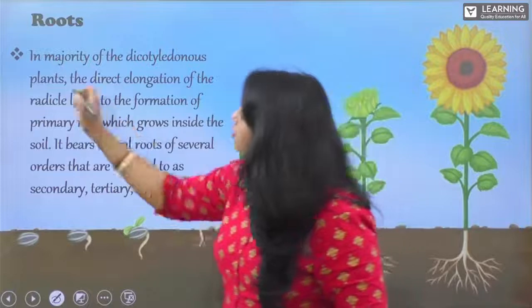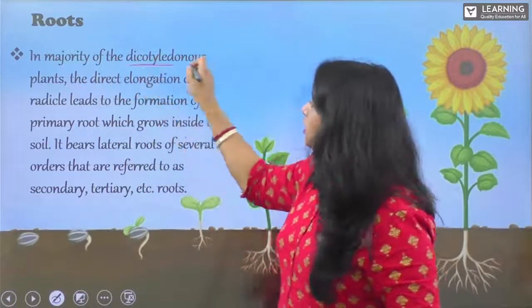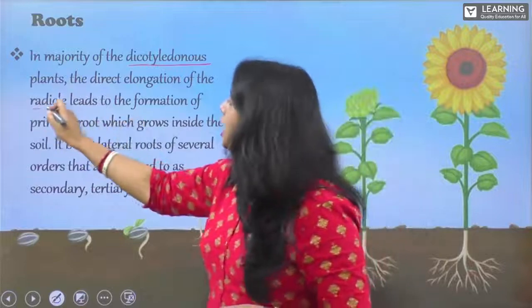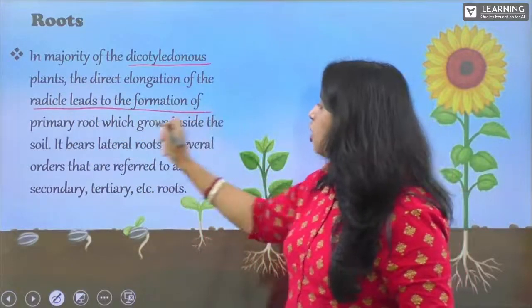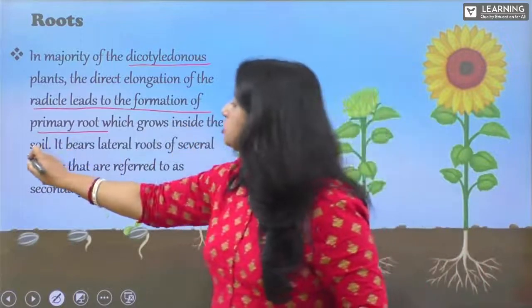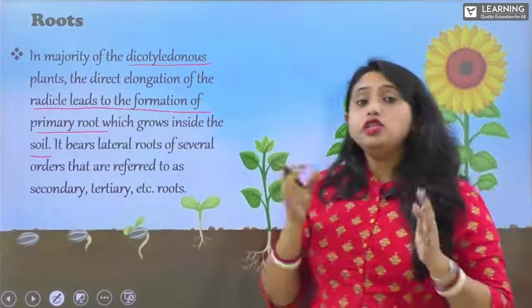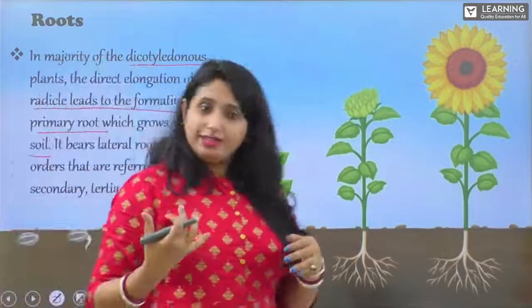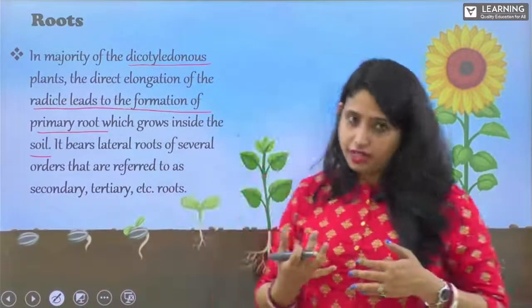Next, in the majority of dicotyledonous plants, the direct elongation of the radicle leads to the formation of the primary root, which grows inside the soil. There are two types of plants. Some are monocotyledonous plants and some are dicotyledonous plants.